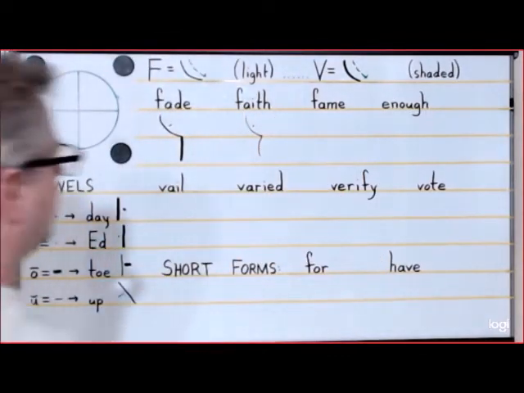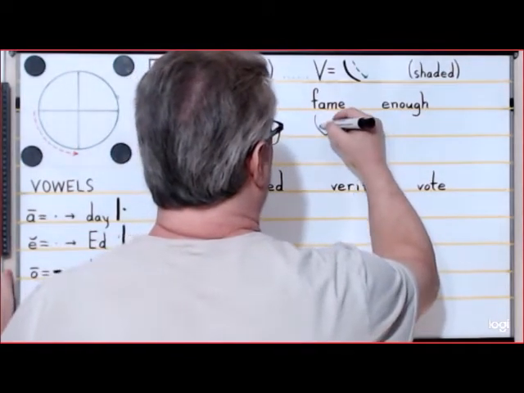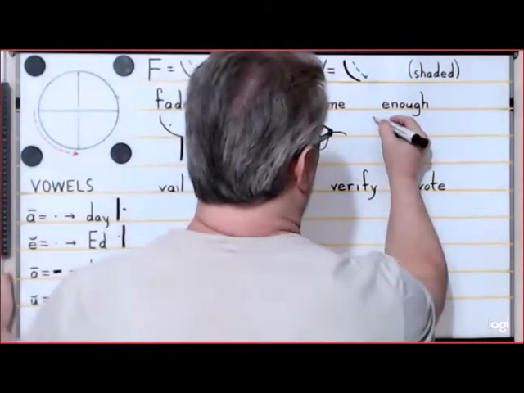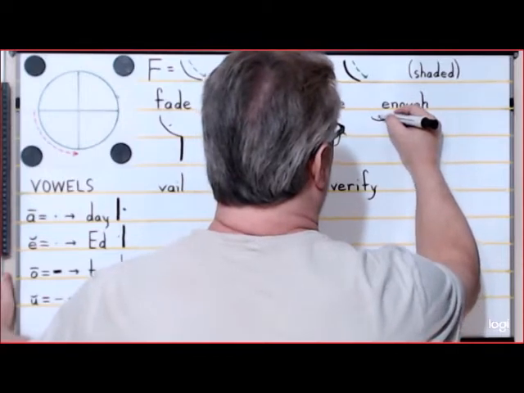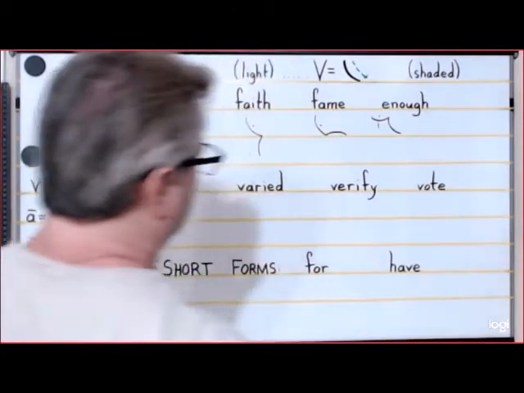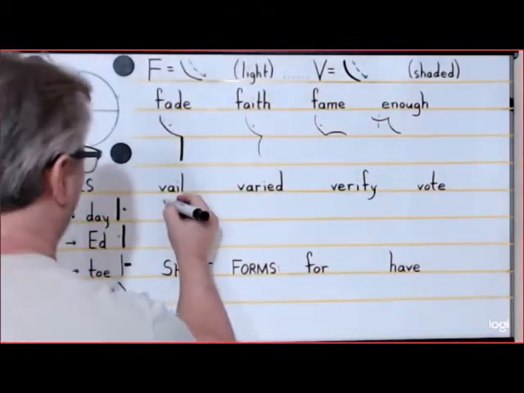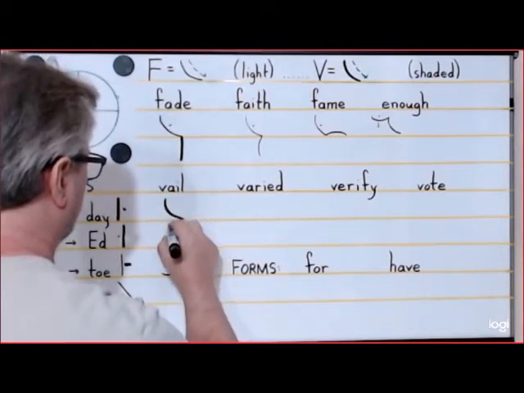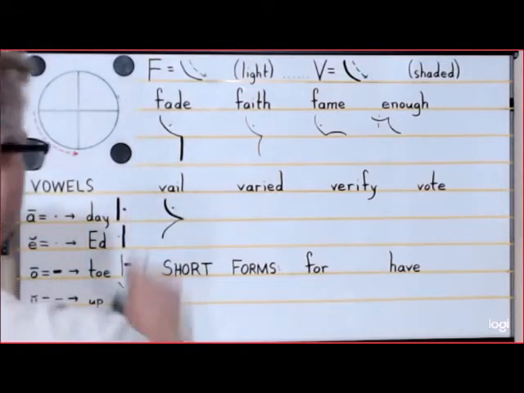The word fame is an F, M, again, heavy dot for the long A. Enough is going to be an N and an F with a light dot before the N and a light dash after the N. For the word veil, we'll write a V and then a downward L, of course the heavy dot with the long A.